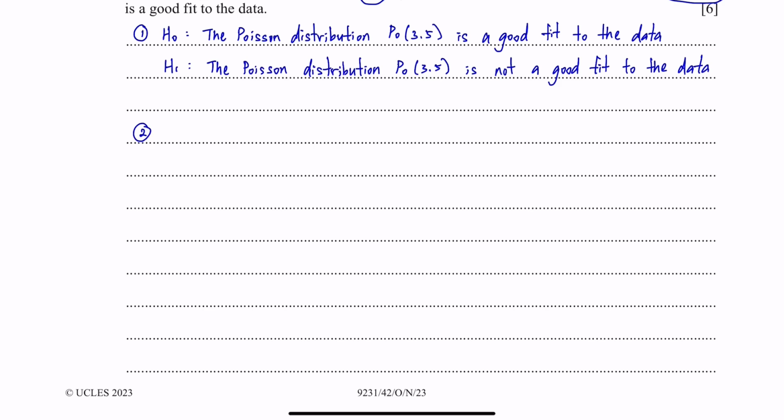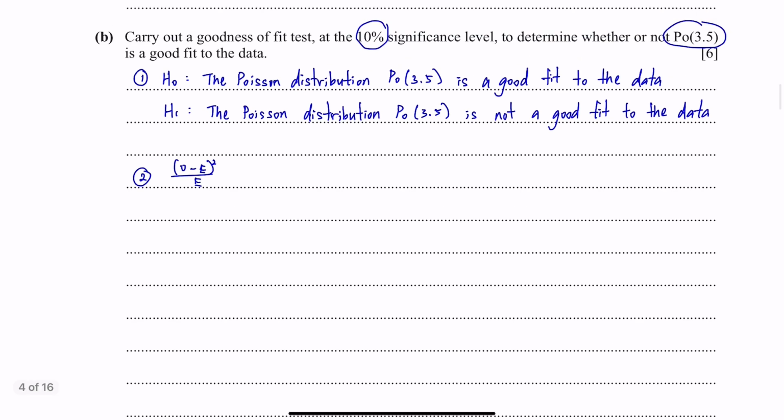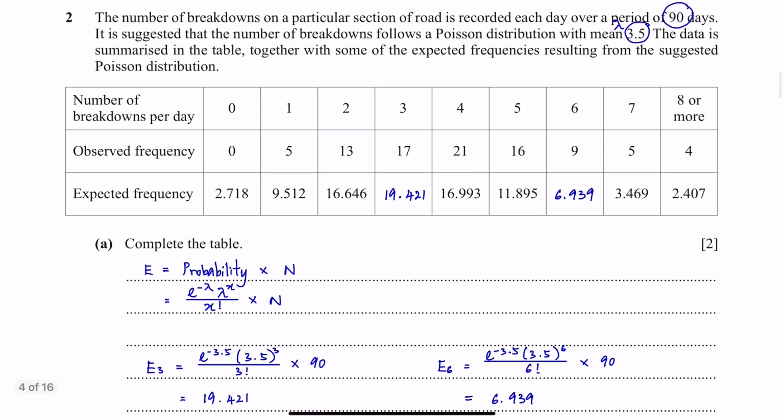We need to have our values for O minus E squared over E. Okay, so we need to make a new table because when the expected frequency is less than 5, we will need to combine them together.